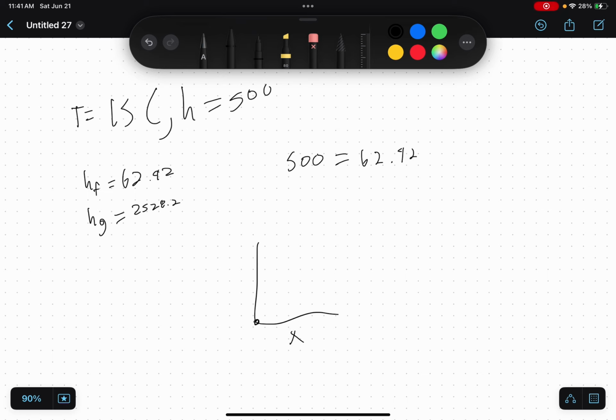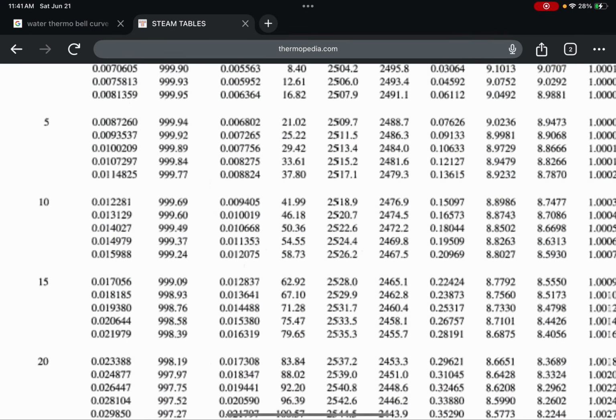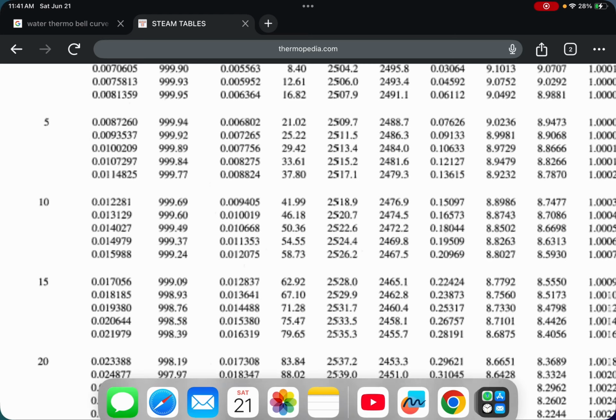It's from 0 to 100%. Y-axis would be H. So at 0% quality, we're at 62. And at 100% quality, we're at 2528.2. I thought it was 0.0.